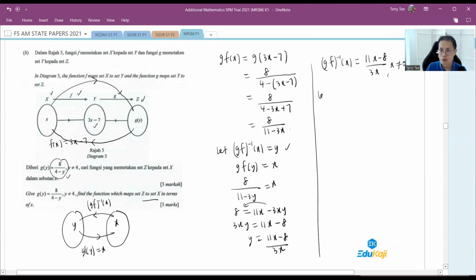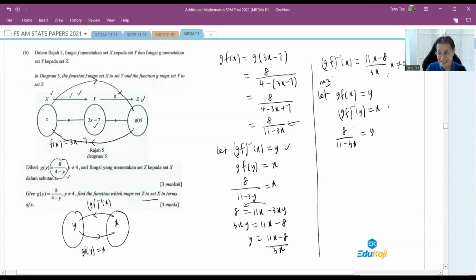Now, if you insist, I can show you gf(x) equals to y here. We interchange, gf inverse y is now x. So I need to find x. So if you're using this method, you take 8 over 11 minus 3x here, and we let it be y.